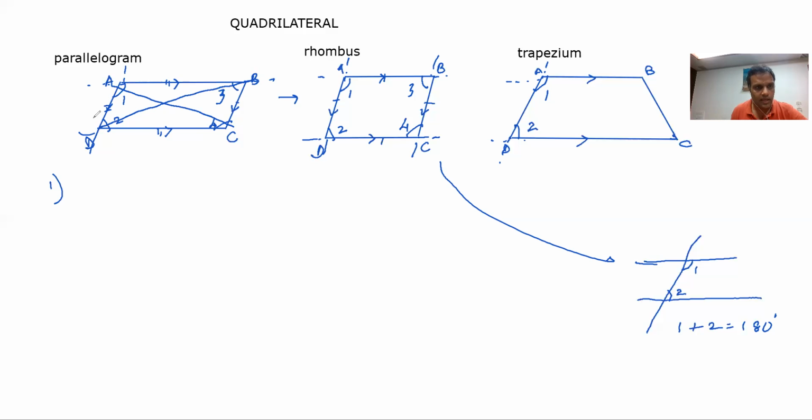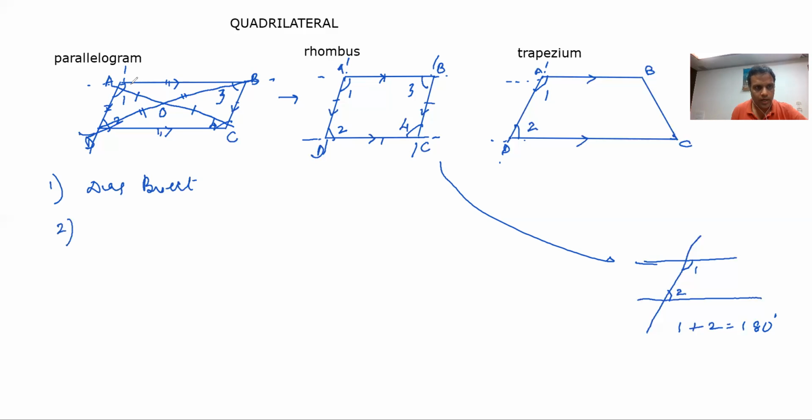So AC is bisecting BD, which means if I put the spot as O, then DO is equal to OB. This part is equal to this part, and this part is equal to this part. AO is equal to OC, which means both the diagonals bisect each other. This is very important. Third thing, so I'll just write that diagonals bisect.